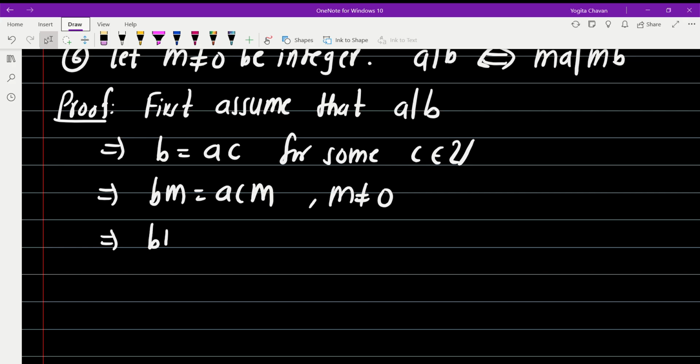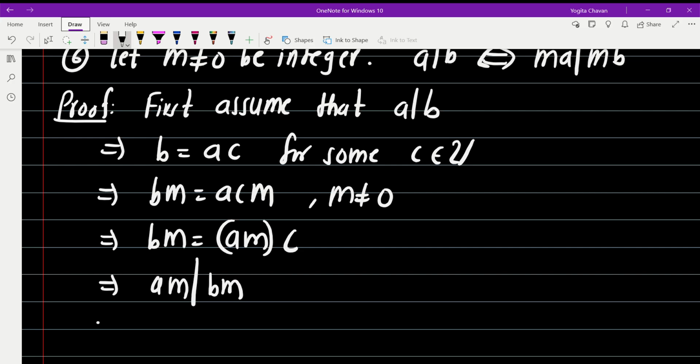This implies bm is equal to am into c. So bm is divisible by am because bm is equal to am into some integer. So am divides bm, or this can be written as ma divides mb because am is same as ma and bm is same as mb. So one way proof done.